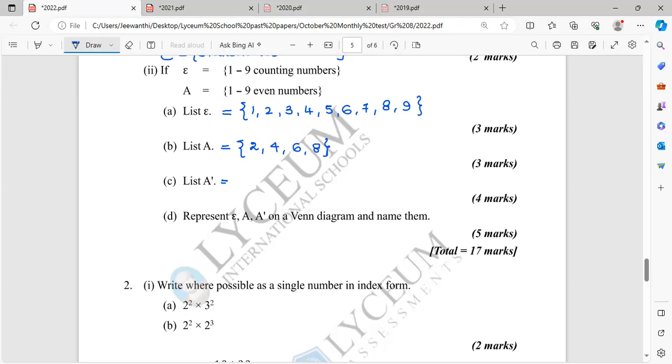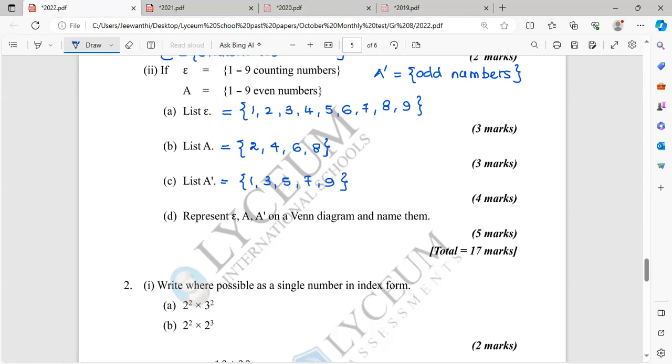And the A dash, the A complement, should be the odd numbers. If I write it as a description, this is the odd numbers. Right? And when I list them down: 1, 3, 5, 7, and 9.